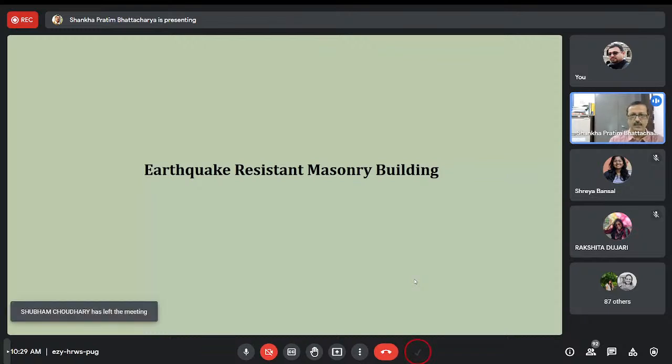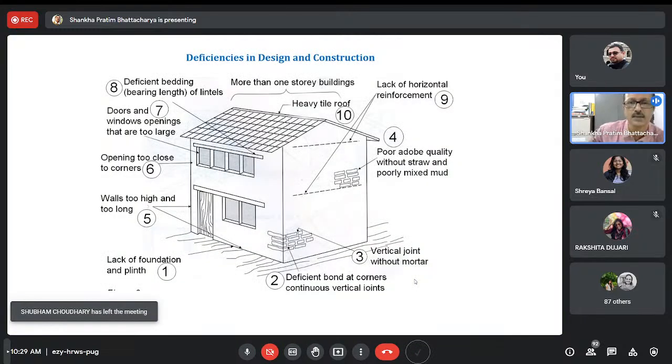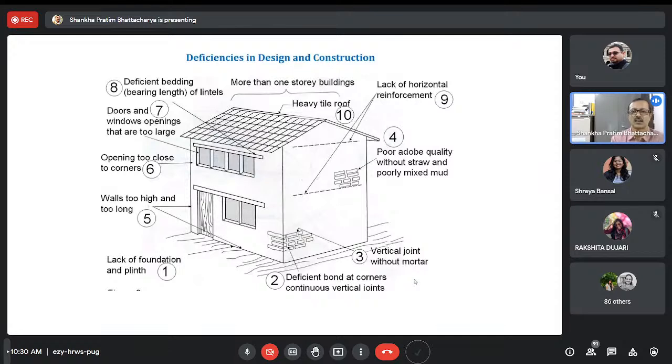So in this masonry building, there are typically 9 or 10 points where we found a lot of design defects or maybe some kind of construction defects. See, whenever I say design defect, you should not think of issues like circulation or the orientation of the rooms and all.